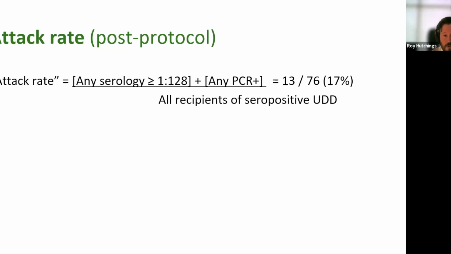And we found with this 13 out of 76, or 17% of recipients of seropositive UDD organs developed what we would consider evidence of an infection. So either PCR positive clinical disease or any serology above 1 to 128.